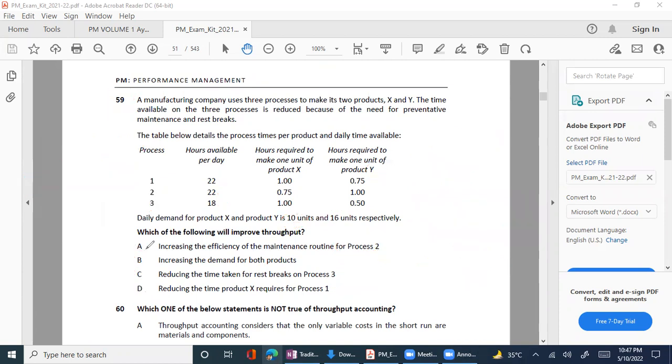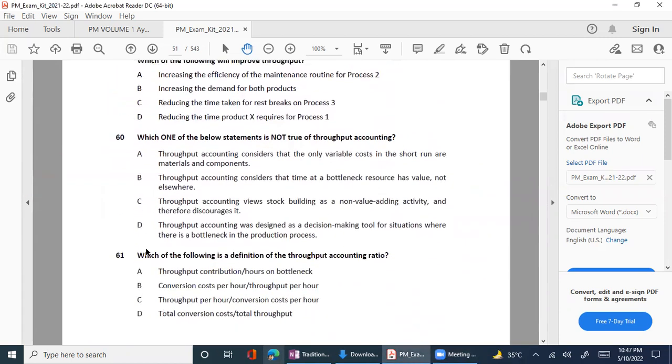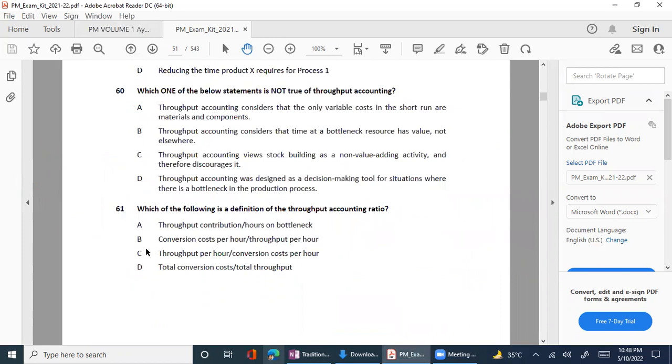Okay. Which one of the below statements is not true? So we need to find the wrong statement. Can you make a guess which of the following is not true? Seems an easy question.